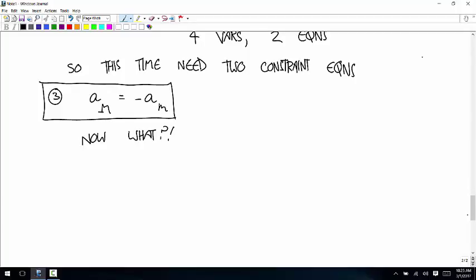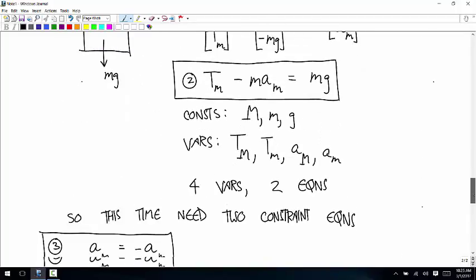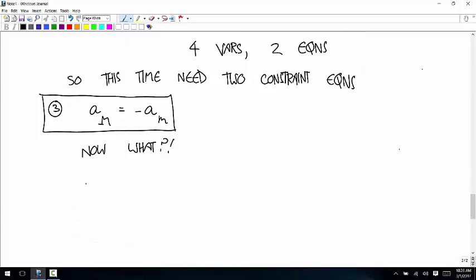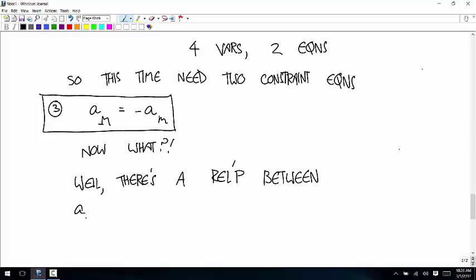What we're going to use is the fact that there's a relationship between the accelerations, so we're going to do it in terms of little m, and the angular acceleration of the pulley.